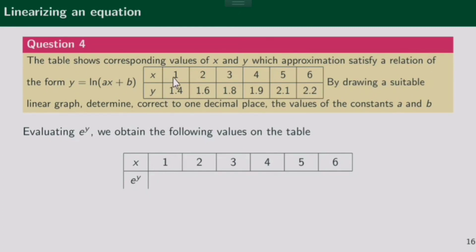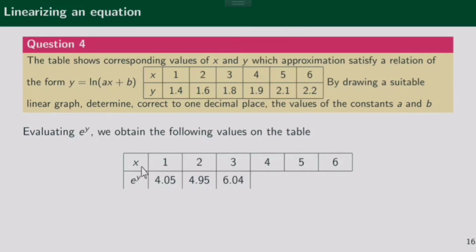So when y is 1.4, e raised to the power 1.4 gives us 4.05. Let me write my values to 2 decimal places for now. I will bring it back to 1 decimal place, of course. Now, when y is 1.6, I substitute, I get 4.95. When y is 1.8, I get 6.04.